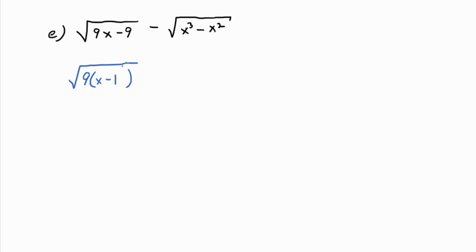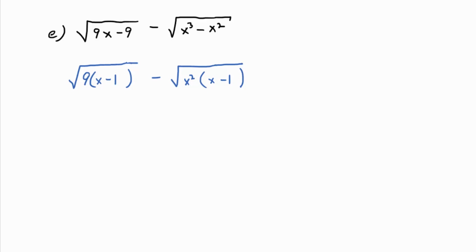And then in the other one, what could we do? Factor out an x squared underneath the radical, and then what's left? So x minus 1. So what can we pull out of the first radical? Remember, the radical really does split up. So that first radical really is the square root of 9 times the square root of x minus 1. It splits up over multiplication, not over the minus.